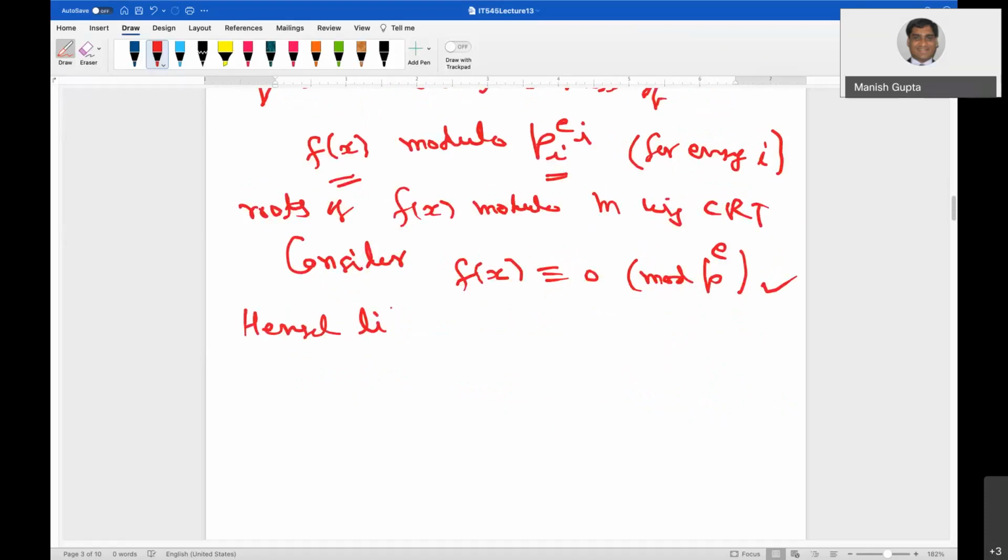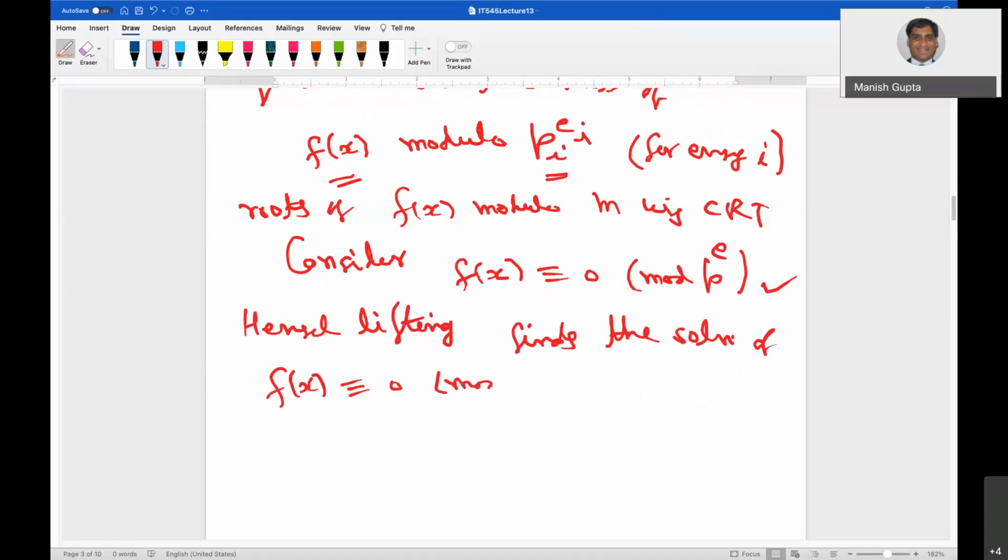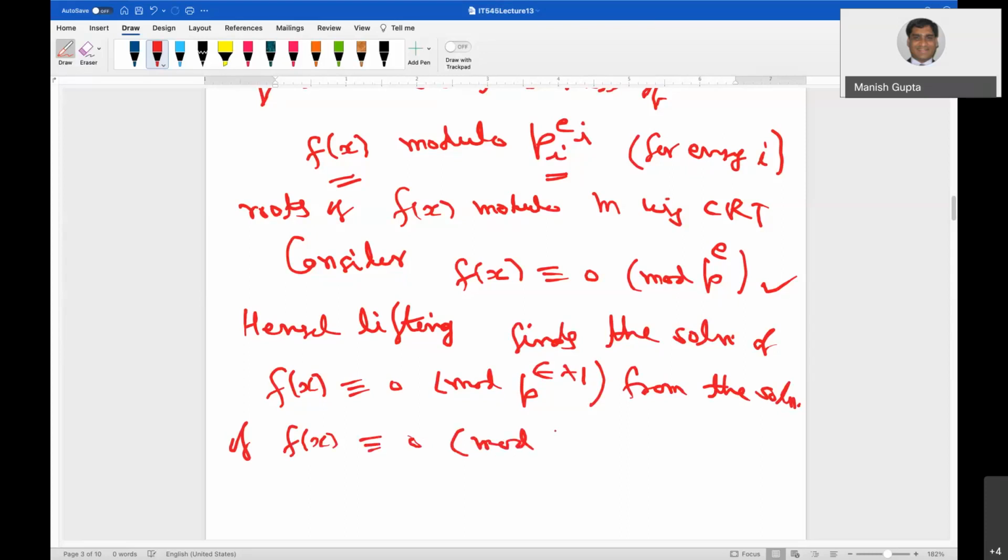Now, what does Hensel lifting do? Hensel lifting finds the solution of f(x) congruent to 0 mod p raised to power epsilon plus 1 from the solution of f(x) congruent to 0 mod p raised to power epsilon.